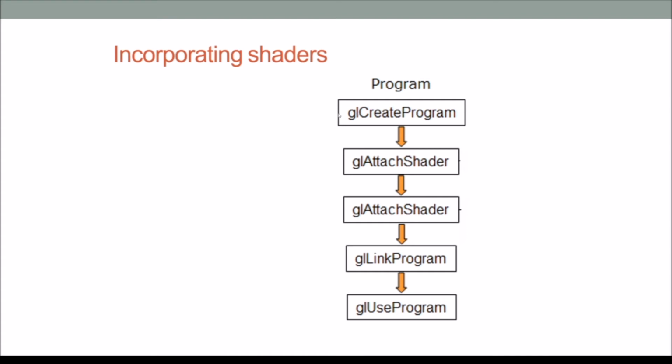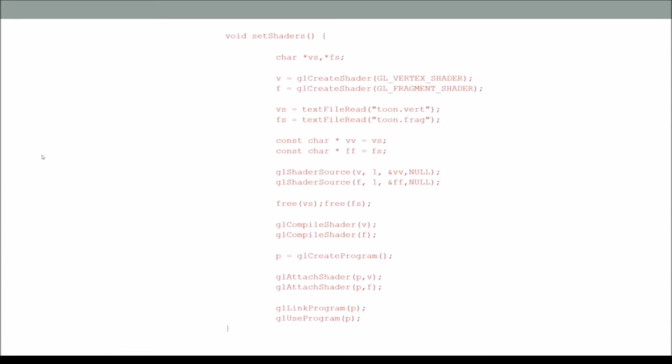This is where you're making the container, as I explained a minute ago, and you're attaching the vertex and fragment shaders to that program. After you attach those, you link the program and then use it. Look at the code on this.